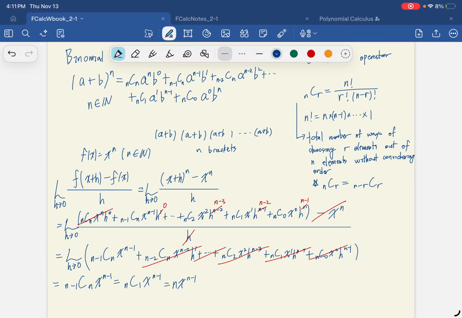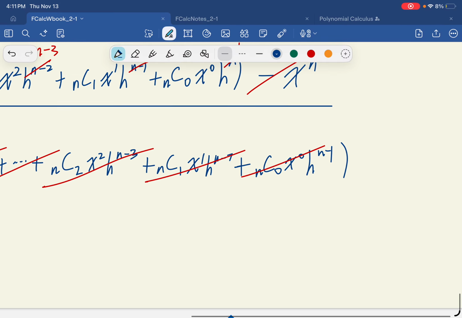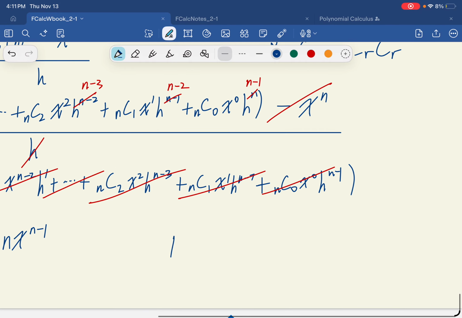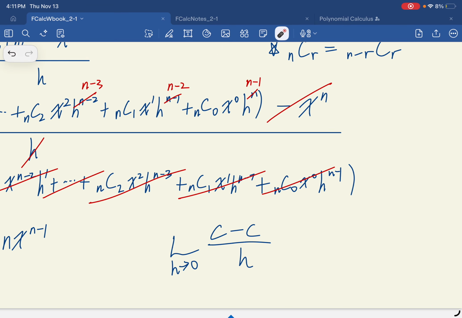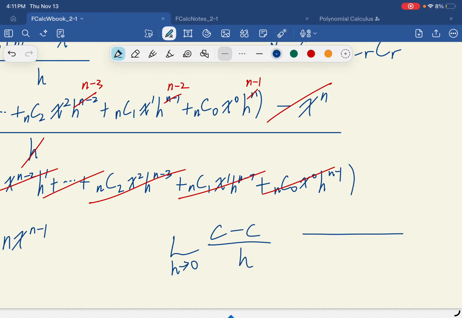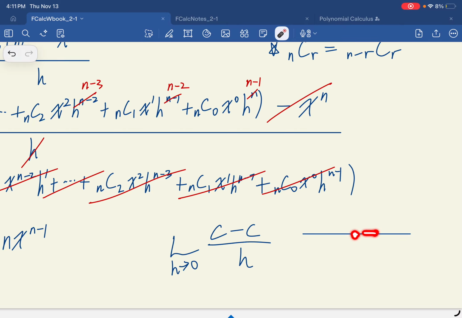The final thing to do is the derivative of a constant function, which is pretty light compared to what we just did. The limit as h goes to 0 of constant minus constant over h, right? Remember that constant minus constant is not changing as x changes, right? So what's happening here is that we have a constant and the 2 points are getting closer to each other, and the slope is always going to stay the same as 0.